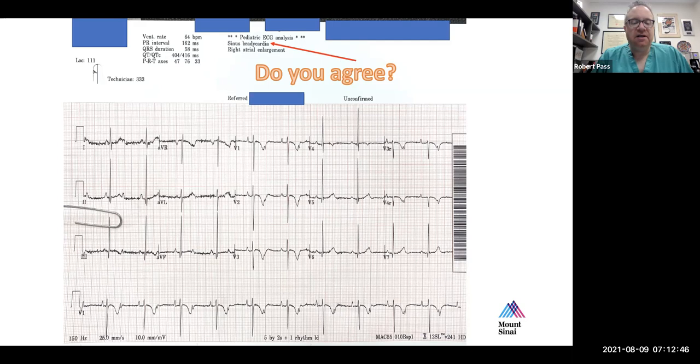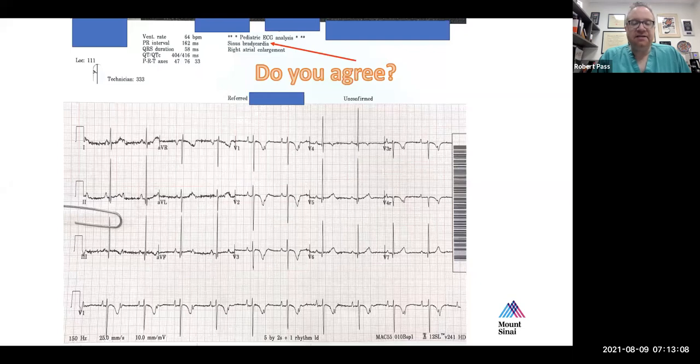And then most importantly would be symptoms. If the patient has symptoms of chronotropic incompetence, that would be a very strong indicator for a pacemaker in someone with complete heart block. Sometimes that can be challenging in a small child, to completely understand if they're having symptoms.